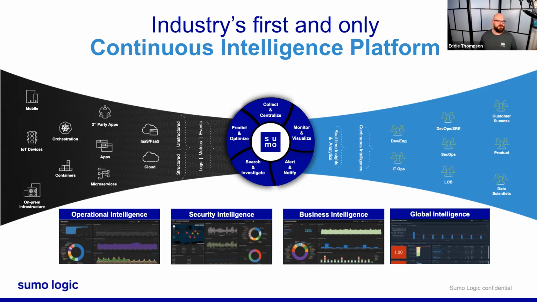Well, it means we are able to take in your logs, metrics, and security events, and apply some different lenses to that data, providing you with operational intelligence, security intelligence, business intelligence, and even global intelligence. Global intelligence being our machine learning that we apply to that data for you. A little bit on that later.